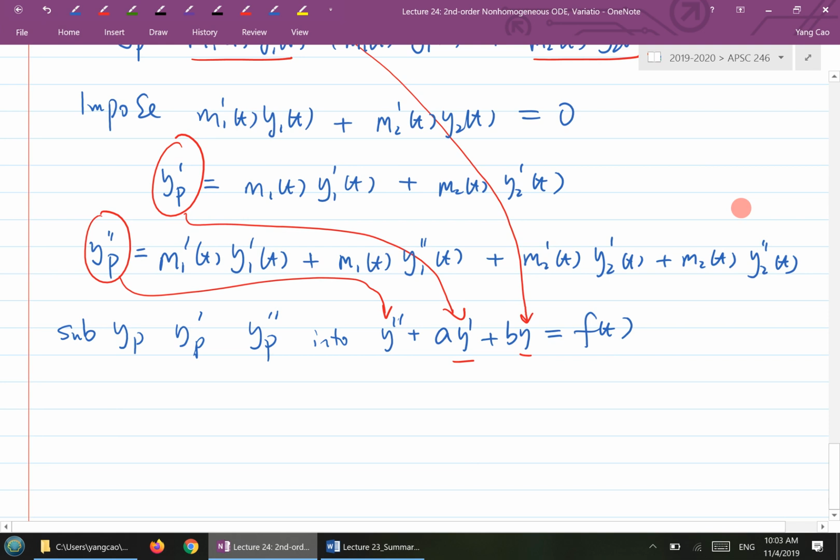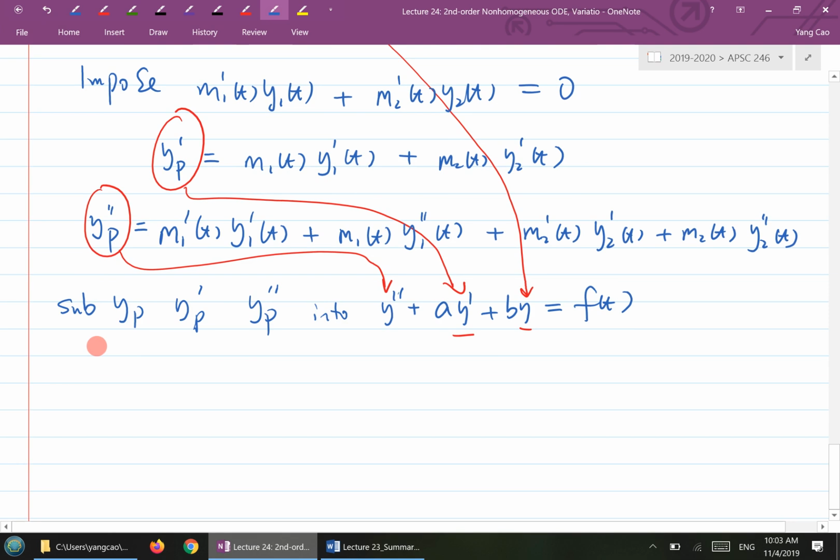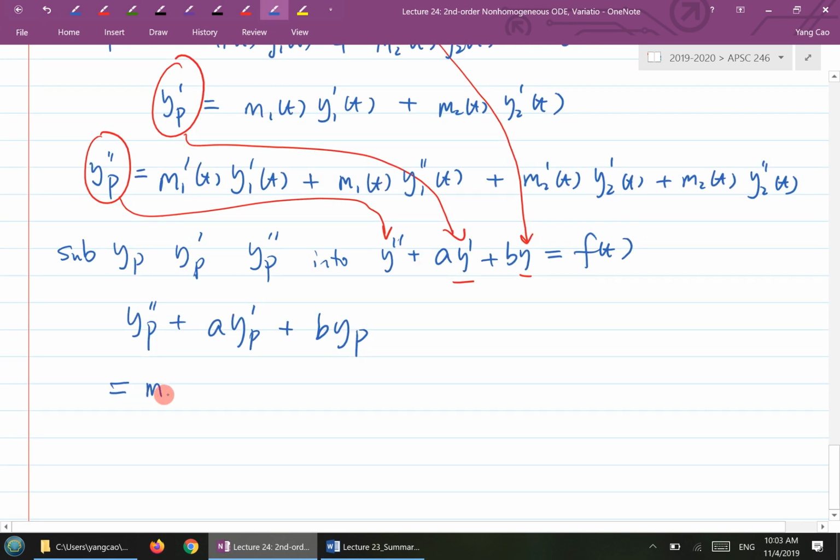After you finish the substitution, and take out the common terms, you're going to get basically YP double prime plus AYP prime plus BYP. That's the substitution. This one equals the following expression: M1 of T times Y1 double prime T plus A Y1 prime plus BY1. That's one term here.